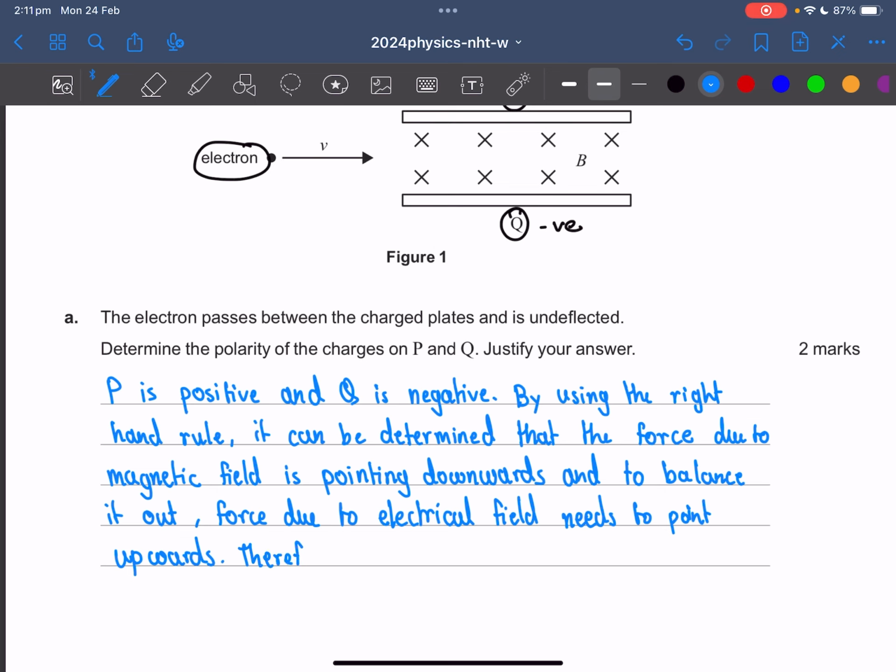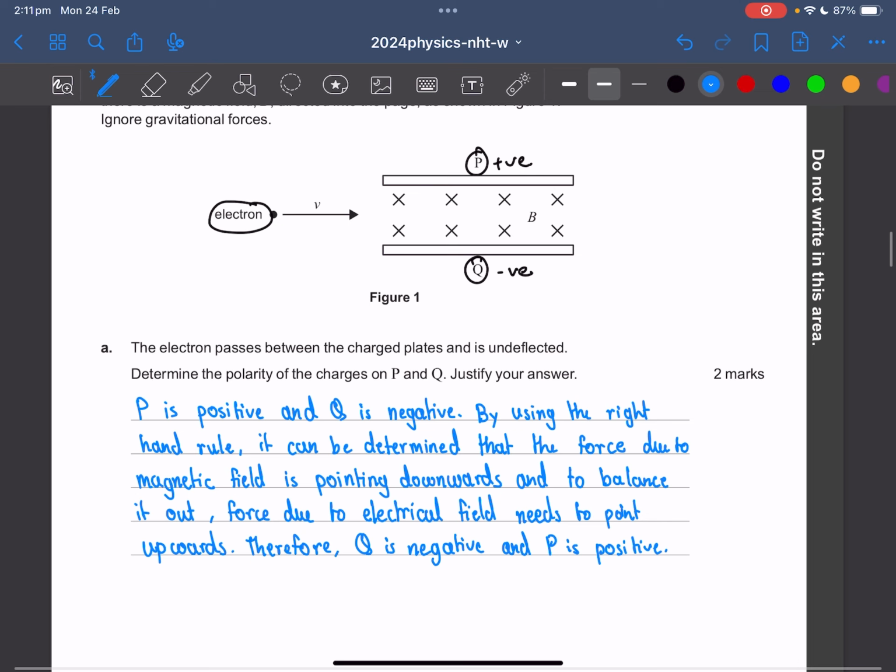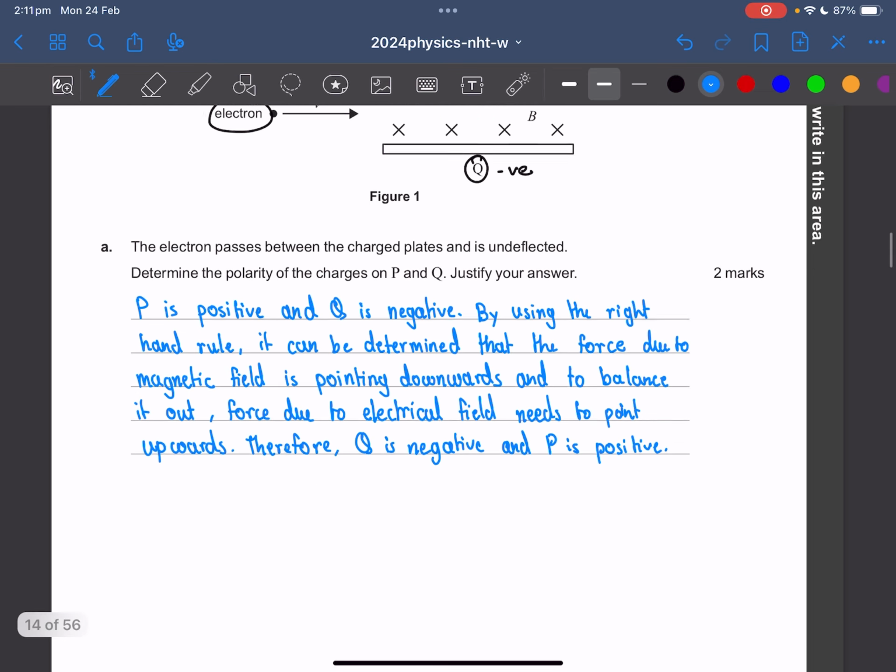Therefore, Q is negative and P is positive. Okay, so this is the answer. All right, let's move on.